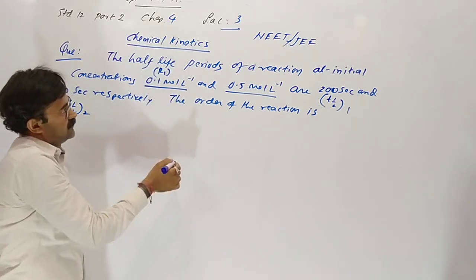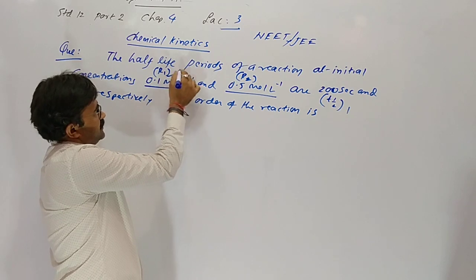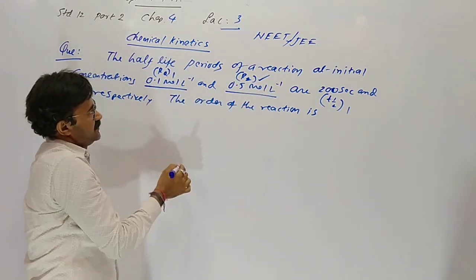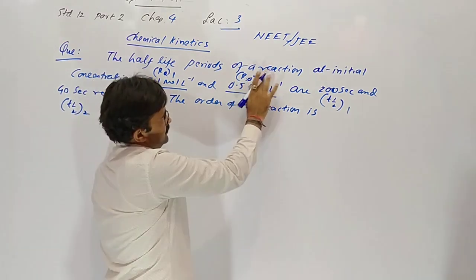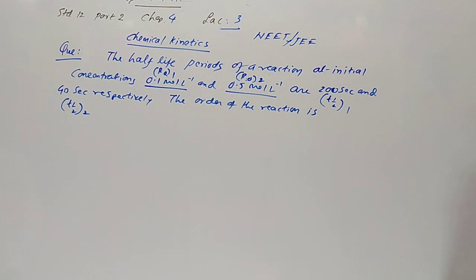R1 means first condition, R2 means second condition, R0 initial in the first condition, initial in the second condition. So here I am giving you a shortcut for getting the order of the reaction.